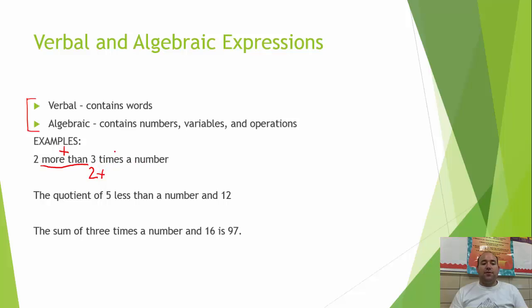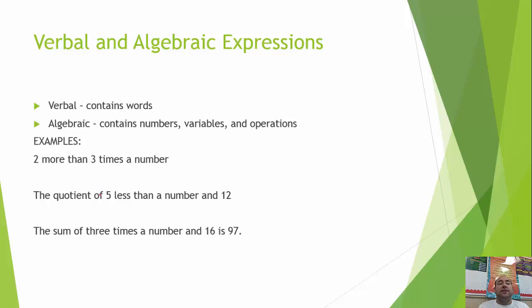Well, times is multiplication. A number, I don't know what the number is, so I'm going to call that a variable x. So 3 times a number would be 3 times x. And remember now in algebra, we don't write times because we have the letter x. We don't want to confuse a times symbol with the letter x, so we just do 3x. So these words become 2 plus 3x.